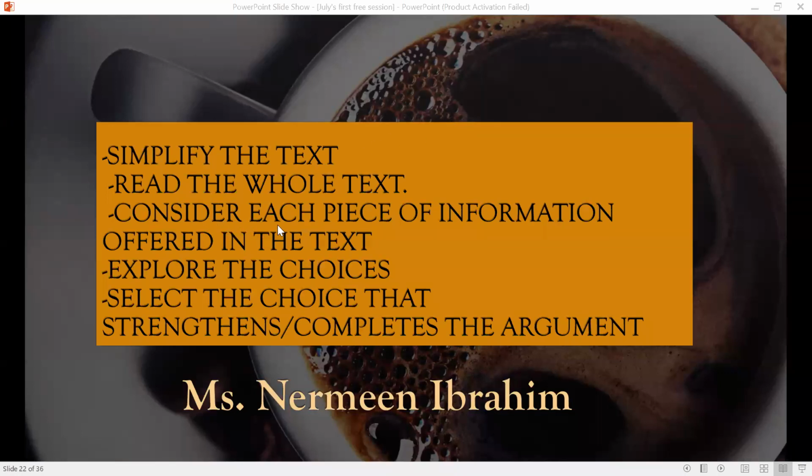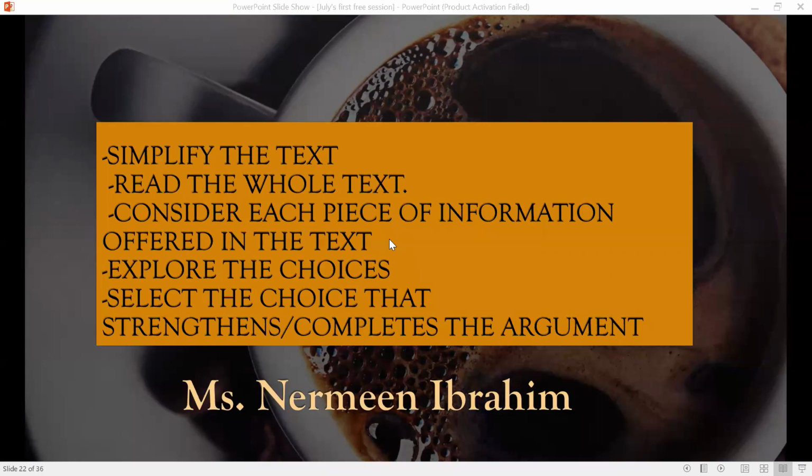And you have to consider each piece of information offered to you in the text, because, of course, it is presented in the independent clauses, in the main sentences, not in the non-essential parts.